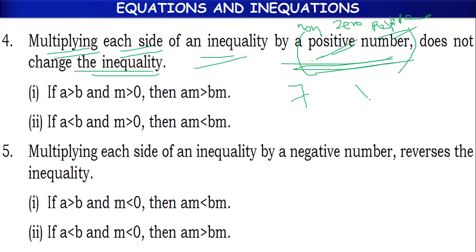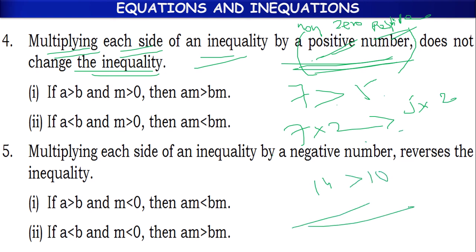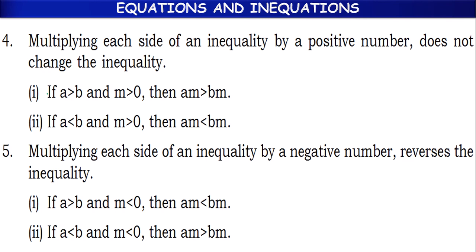Same 7 and 5 relation we have. 7 greater than 5. 7 into 2 greater than 5 into 2. 7 times 2 is 14, greater than 5 times 2 is 10. So the relation does not change. If A is greater than B, AM will always be greater than BM.